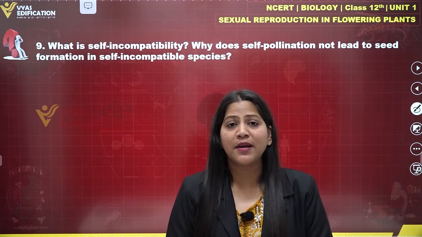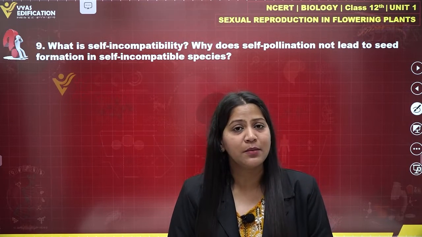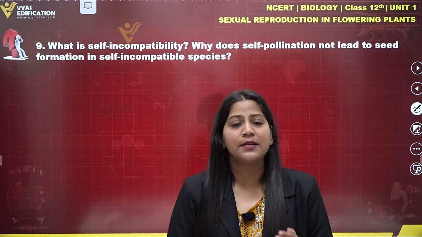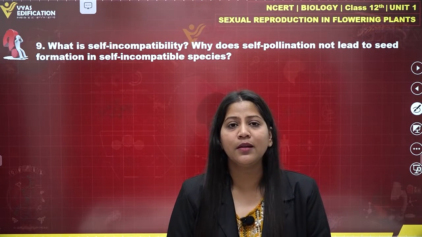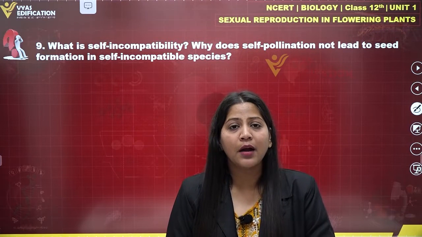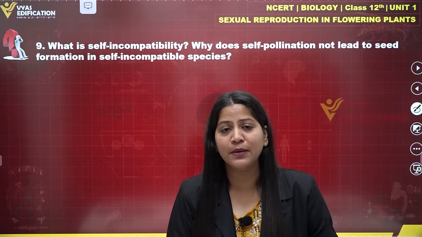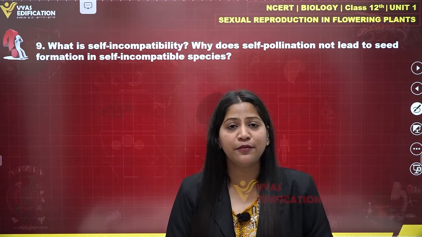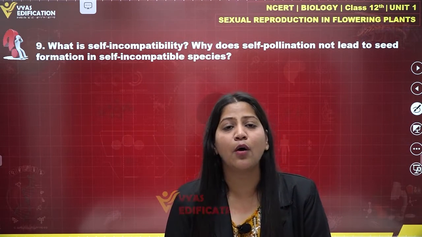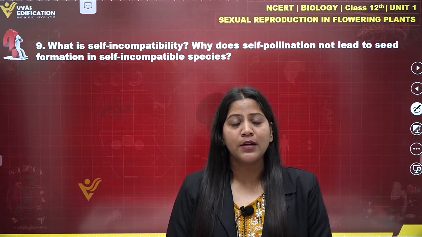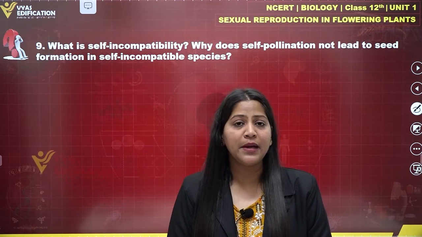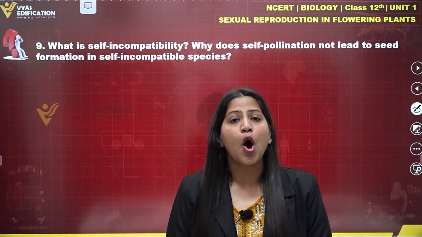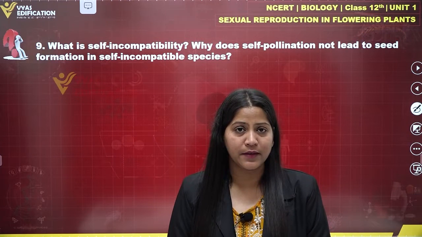Now, what do you mean by self-incompatibility? Self-incompatibility is actually a condition wherein the male gametes are ineffective or unable to fertilize the female gamete of the same flower or another flower of the same plant.